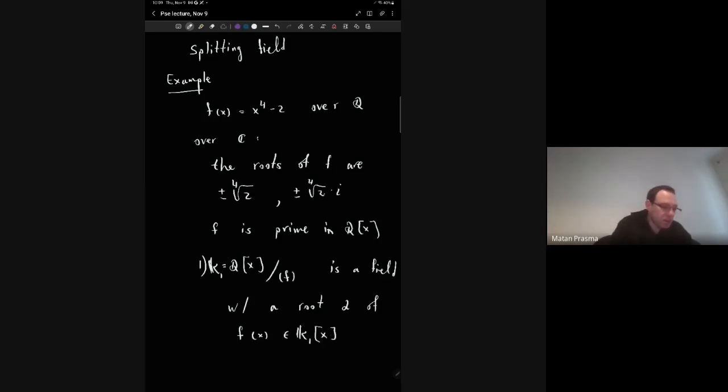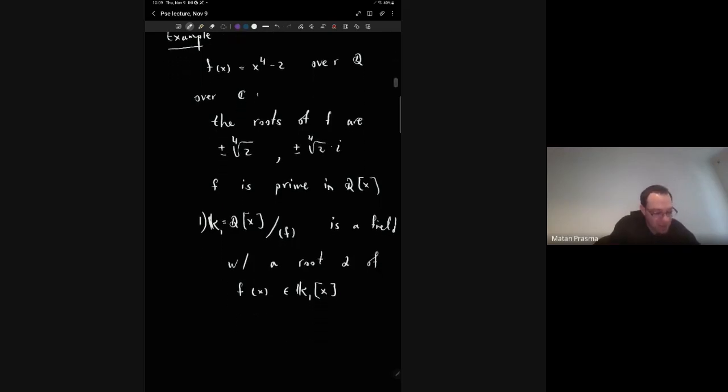Now, again, this alpha is an abstract root that was derived from a meta trick, and we could choose either of these roots to be alpha.